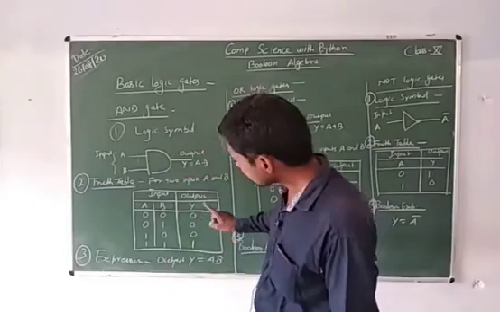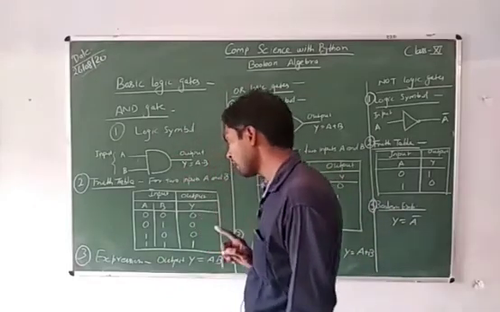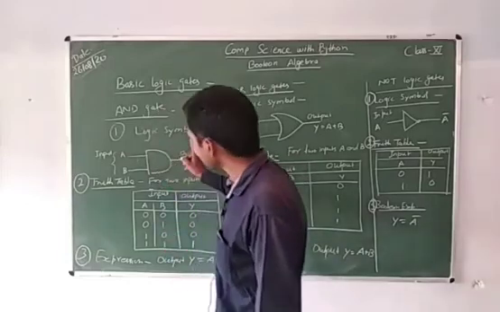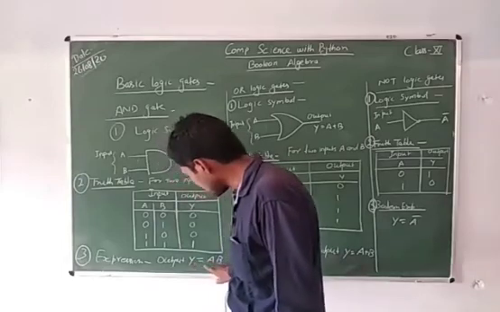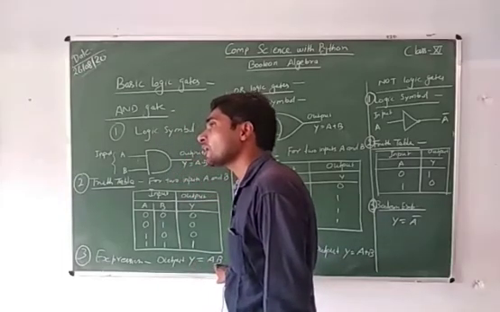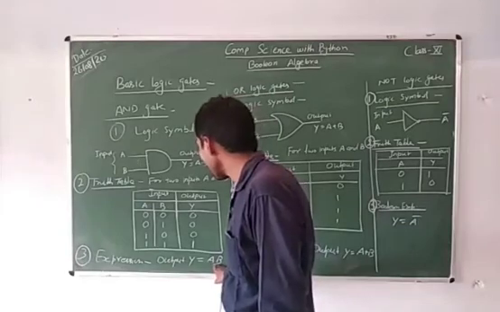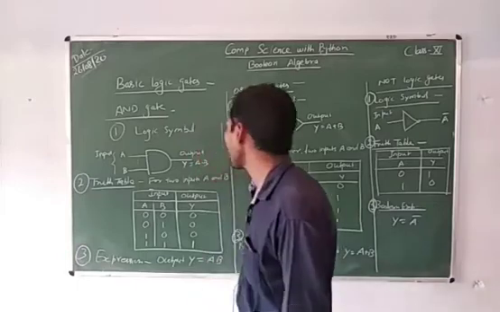Otherwise, its output will be false or 0 or low. The Boolean expression of AND gate is output Y is equal to A dot B. It means this is the AND operation. AND operation is represented by the symbol dot.